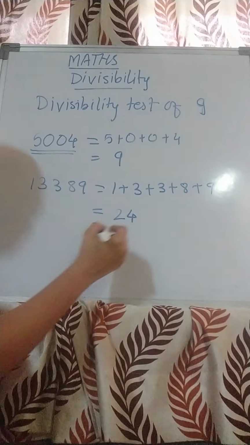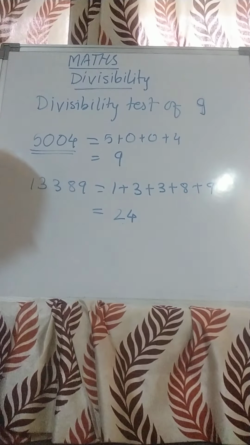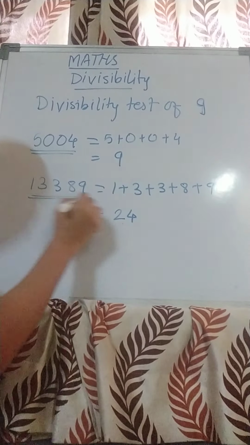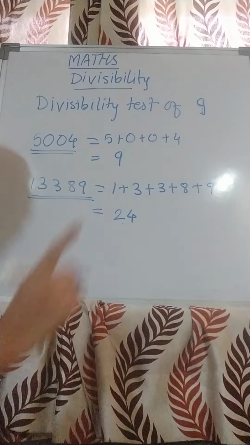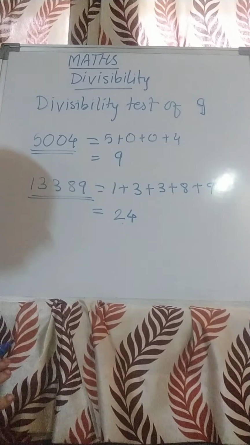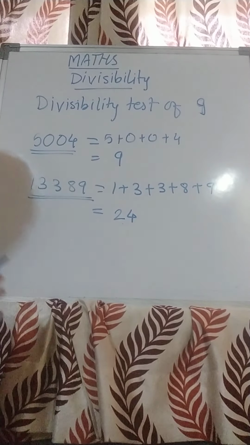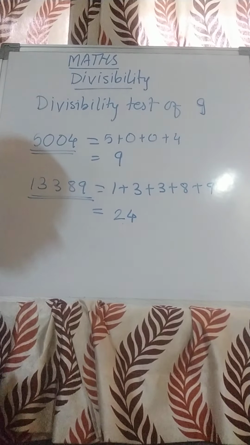Now see, this 24 cannot divide by 9. That's why this number is not divisible by 9. Understand? I have shown you both types of problem.